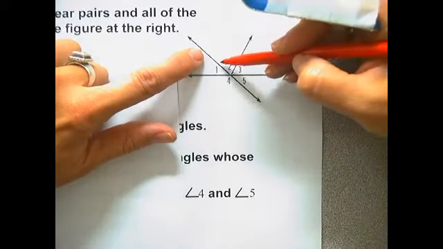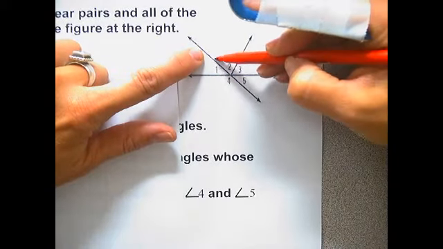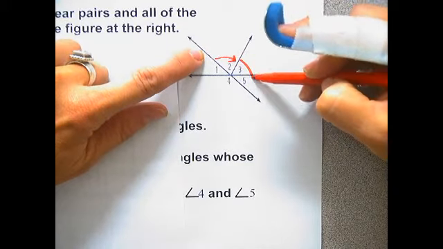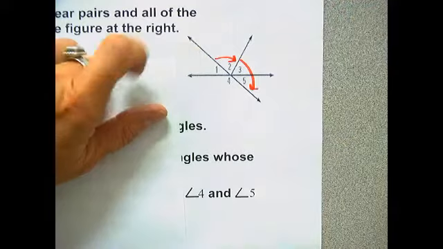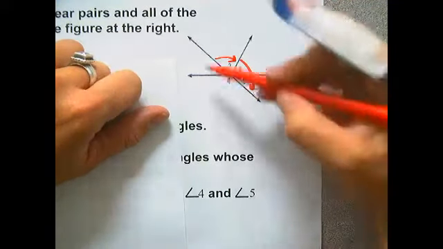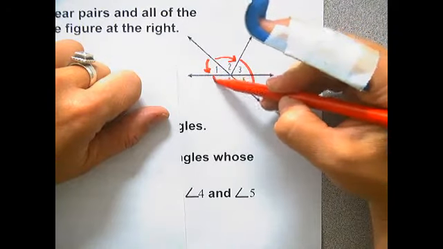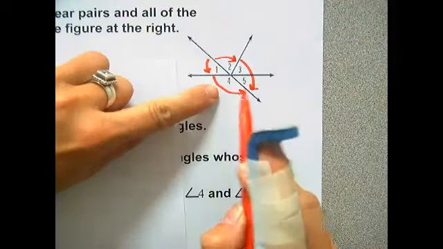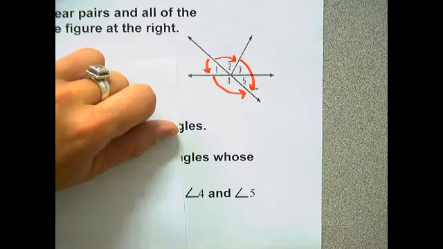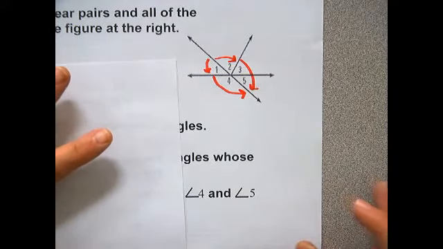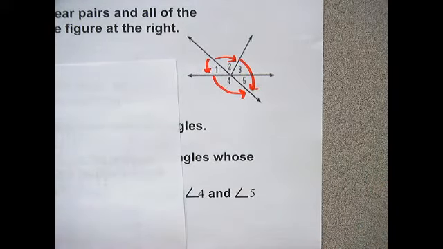So there's lots of different choices, but we could say that angle 2 right here and angles 3 and 5, that those together make up a linear pair because they make up a straight angle. We could say that angle 1 and angle 4 is a linear pair. Angle 4 and 5 is a linear pair. So any pair of angles that make up a straight angle is a linear pair.